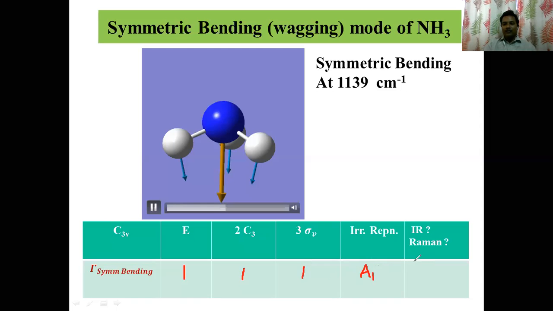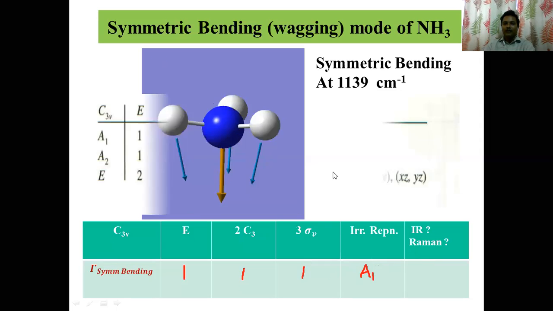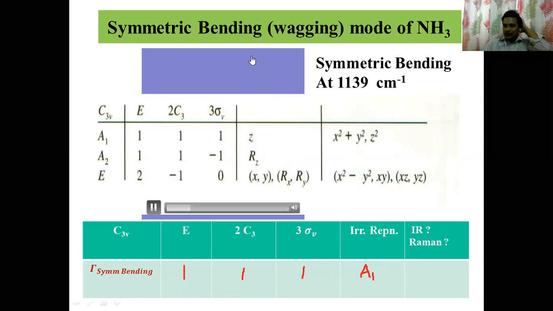Okay, then what about Raman and IR activity? Follow the same procedure that we did for the water molecule. So I look at the character table. Now if you look at the character table, to get the IR activity, we look for any one of the Cartesian coordinates going along A1, right?